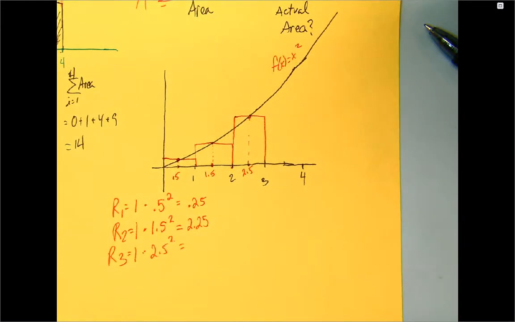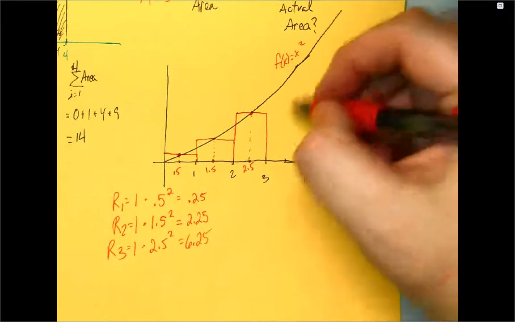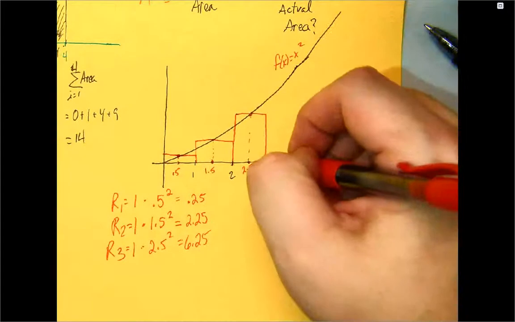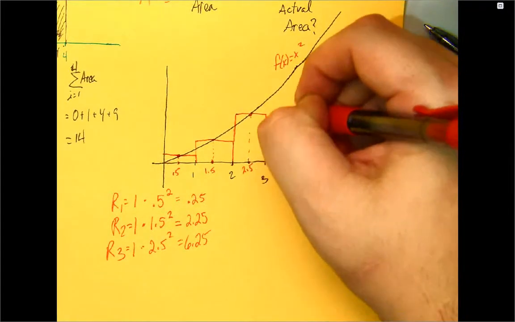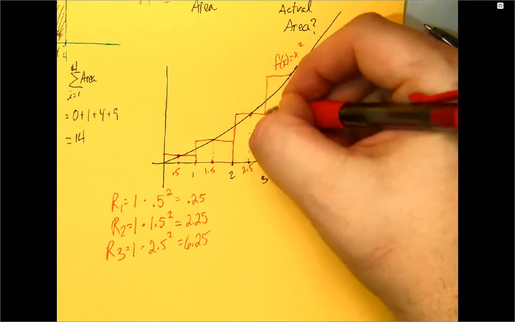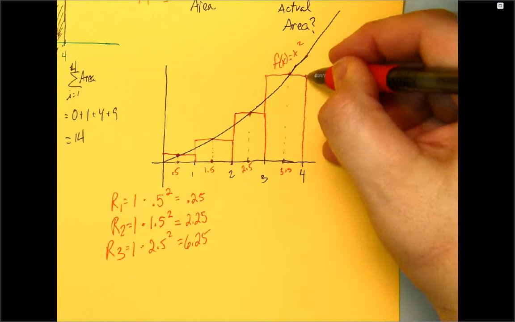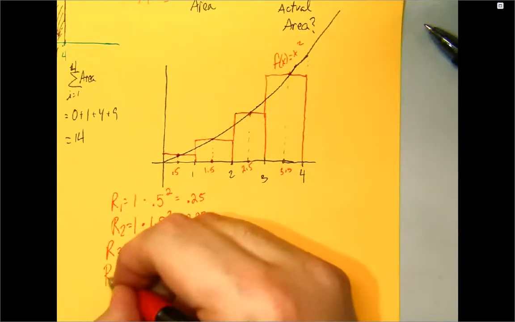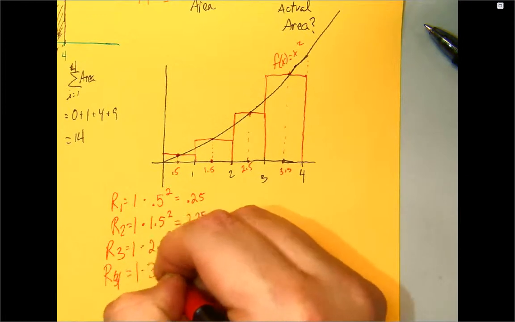Now what's the midpoint between 3 and 4? 3.5. So I'm going to go up to here. And now the area for the fourth rectangle, 1 times 3.5 quantity squared. That's 12.25.